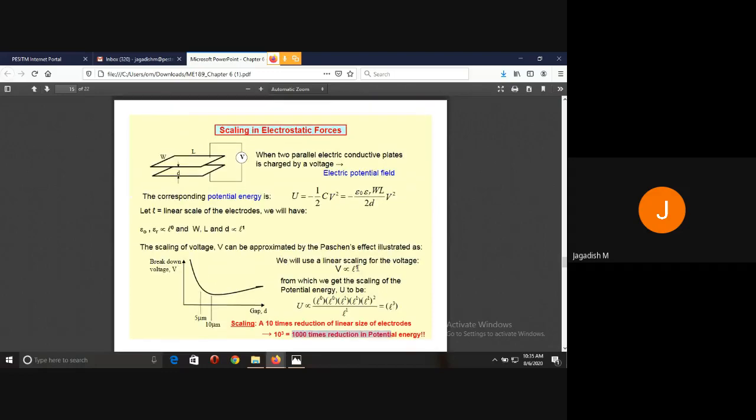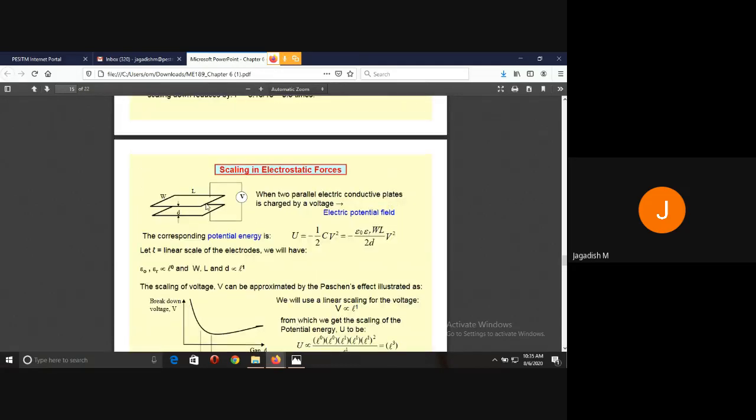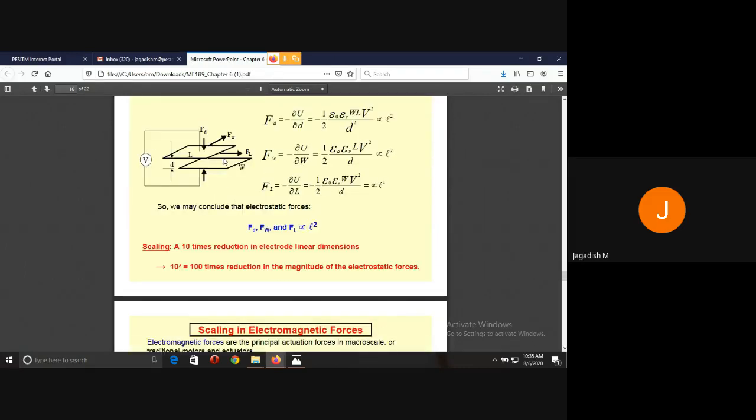So similarly you will have electrostatic forces. You can establish the relation between different electrostatic forces. See, you'll have FD, FW, and FL, along W, along D, and along L. So there are three kinds of electrostatic forces that can be generated using this potential energy. Correct?